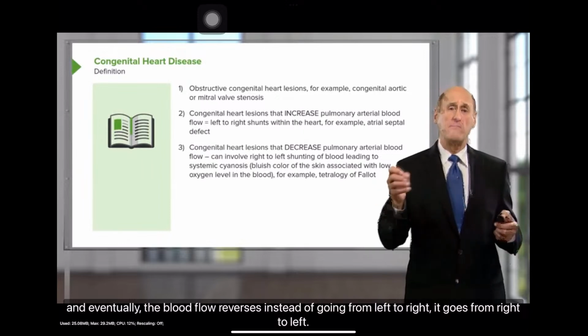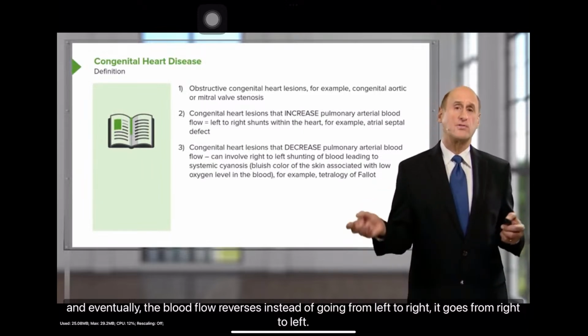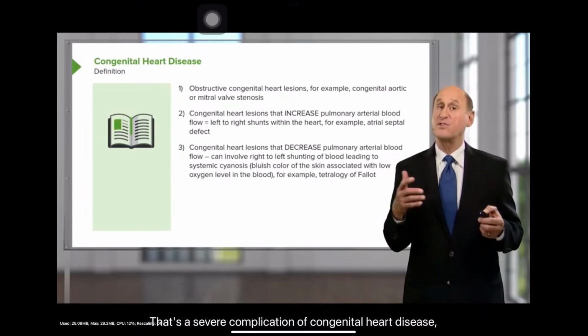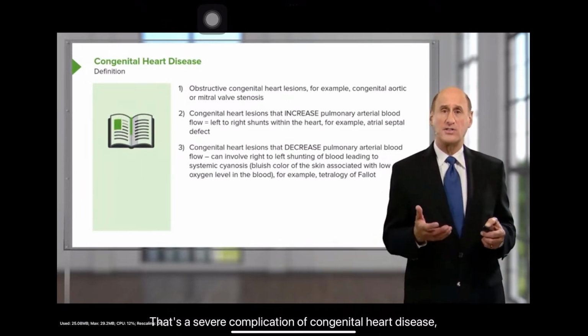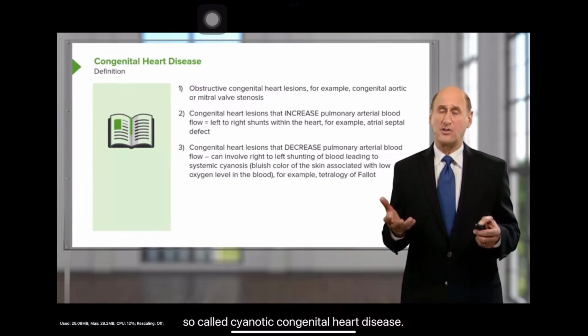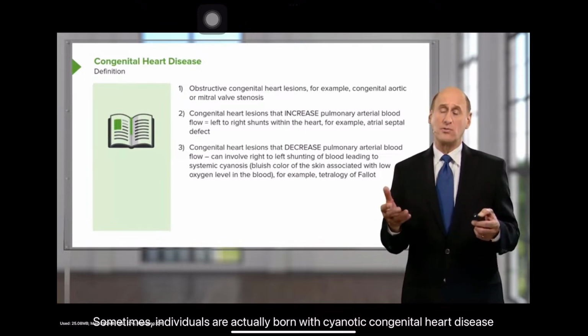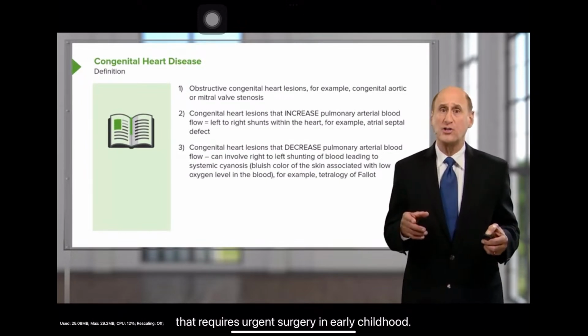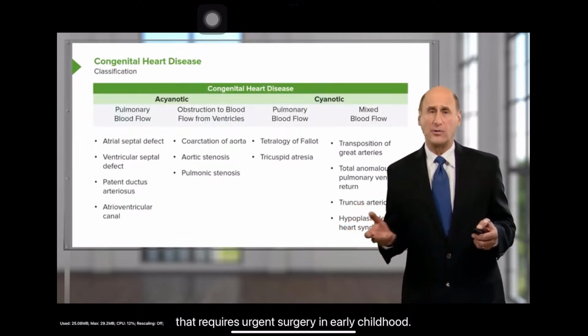Instead of going from left to right, it goes from right to left. Patients are often cyanotic and blue. That's a severe complication of congenital heart disease, so-called cyanotic congenital heart disease. Sometimes individuals are actually born with cyanotic congenital heart disease. That requires urgent surgery in early childhood.